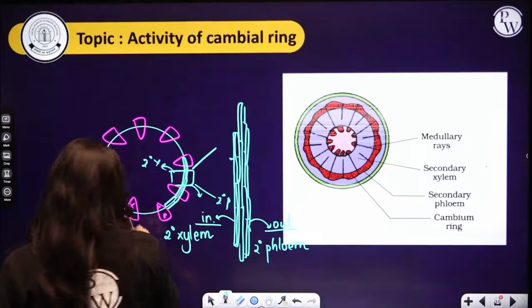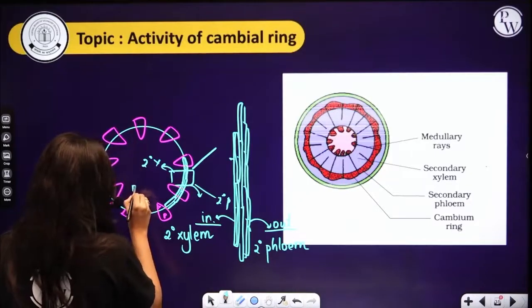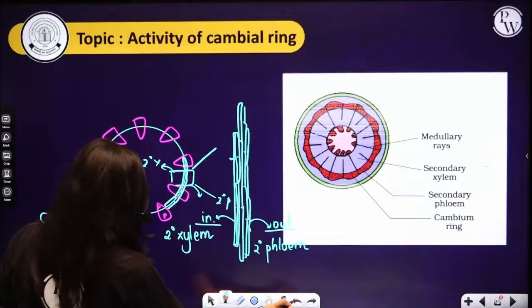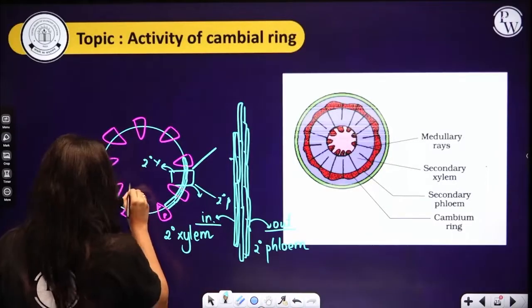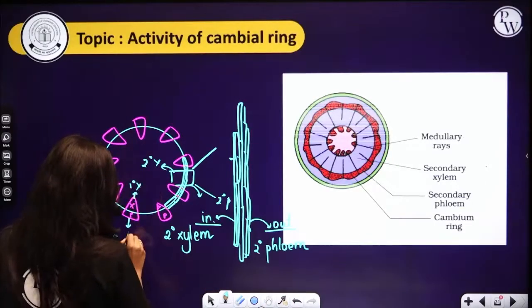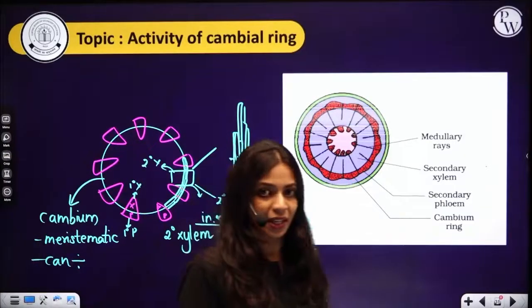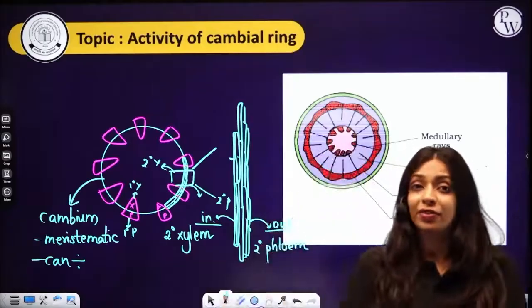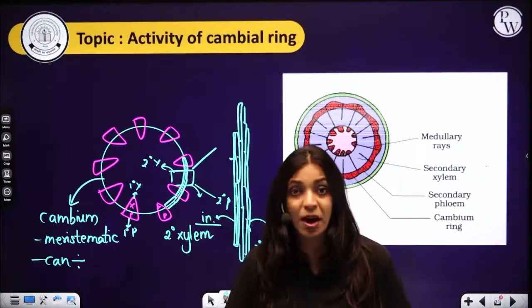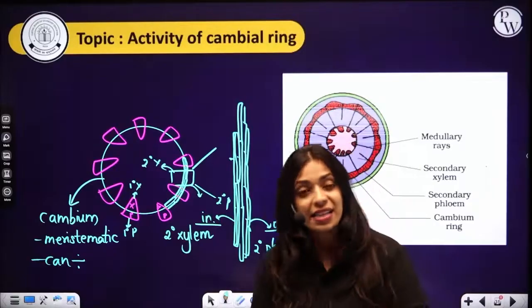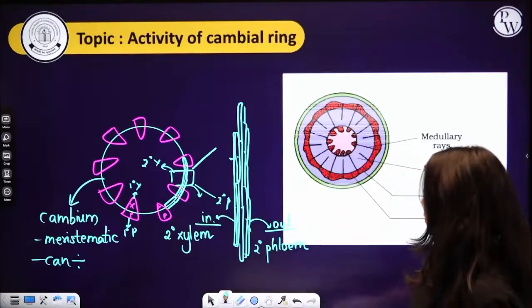So whatever xylem and phloem you have here, this is the primary xylem, this is the primary phloem. These were present in the plant from the beginning. Now, because of the activity of cambium, whatever xylem and phloem are newly forming later in the life of the plant are called secondary xylem and secondary phloem, right?